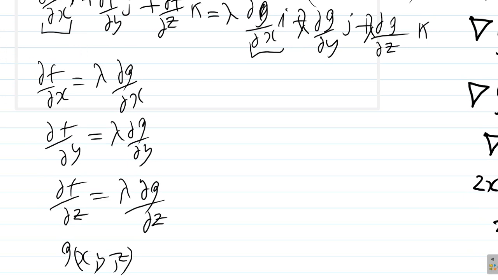And then when you do that, you equate the coefficients i, j, k, and the constraint. And then you calculate the location of your x, y, and your z.